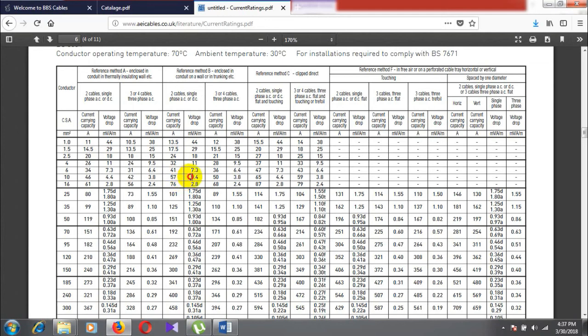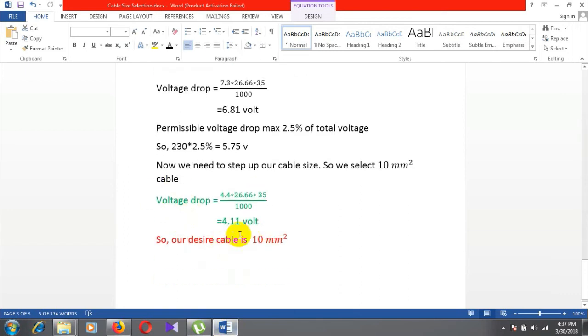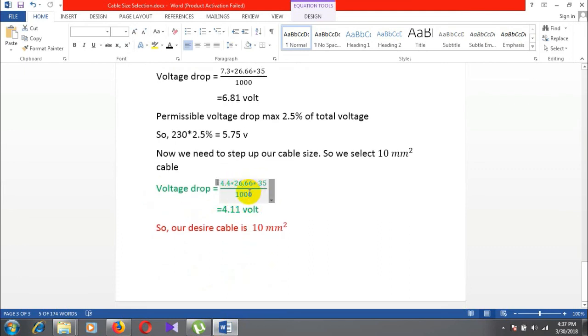The associated voltage drop is 4.4. So the voltage drop is now 4.4 into our required current into cable length, divided by 1000 for getting the data in volt, and now the voltage drop is 4.1 volt.